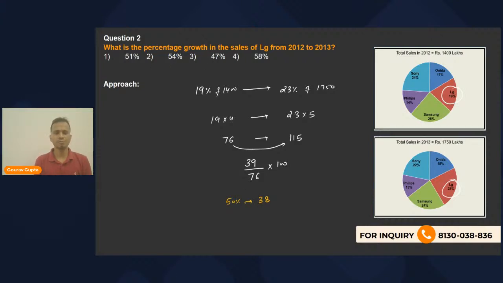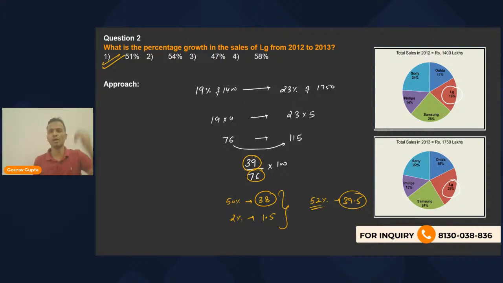Now 38 I have already reached and I have to go to 39. So even if I add 2% of 76, which is approximately 1.5, then I'll be through, and I can say that 52% is 39 point something. My answer has to be less than 39.5, so my answer should be less than 52. So the correct answer here that you can mark is option 1.